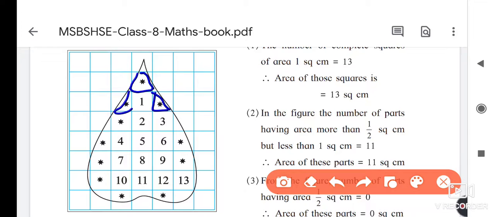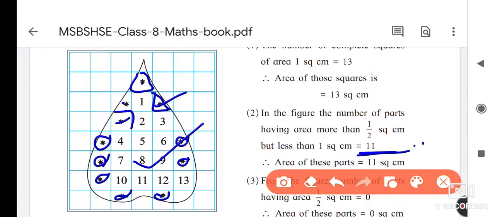If you see here, you will notice that a little bit of the part has gone outside the squares, so that also we will count here. So here the star portions are there, where 1, 2, 3, 4, 5, 6, 7, 8, 9, 10, 11 squares are there whose area is more than half, which is present inside it.